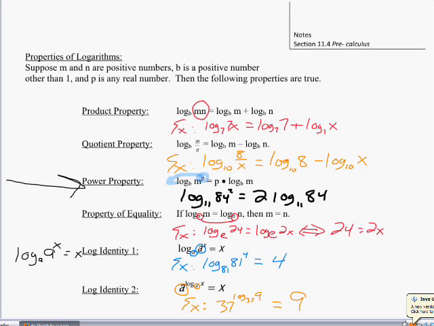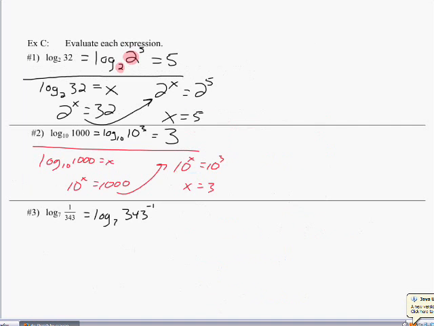So if we do that, I can take that -1 and put it in front. Now I have nothing negative. I have no fractions, which for some people might be a great thing. I have -1 times log base 7 of 343.